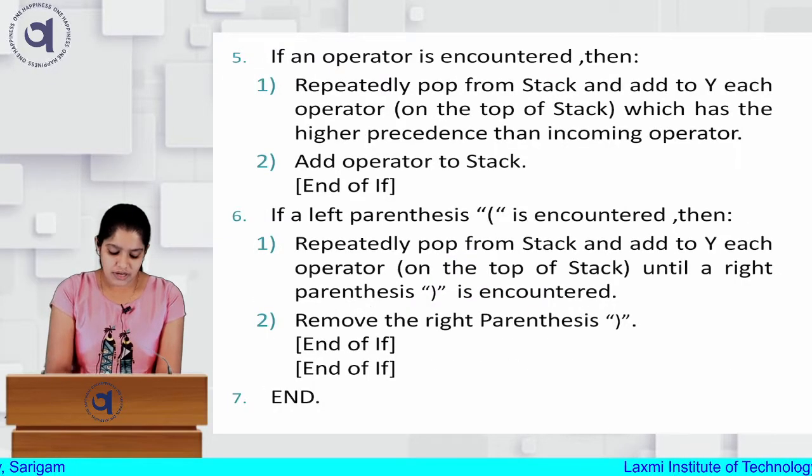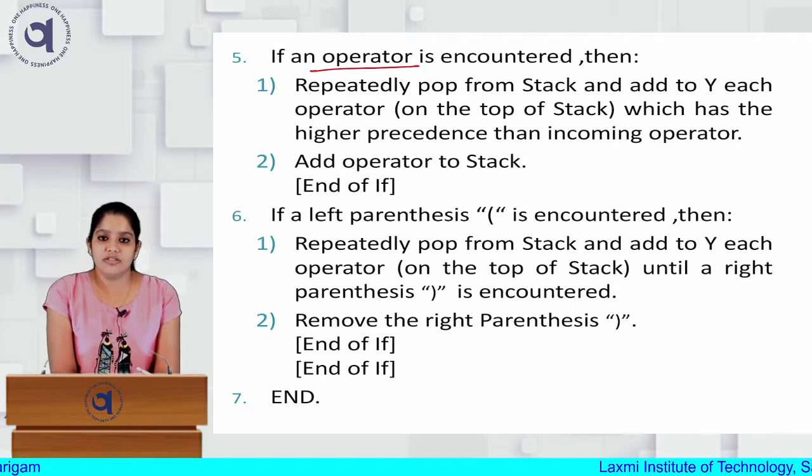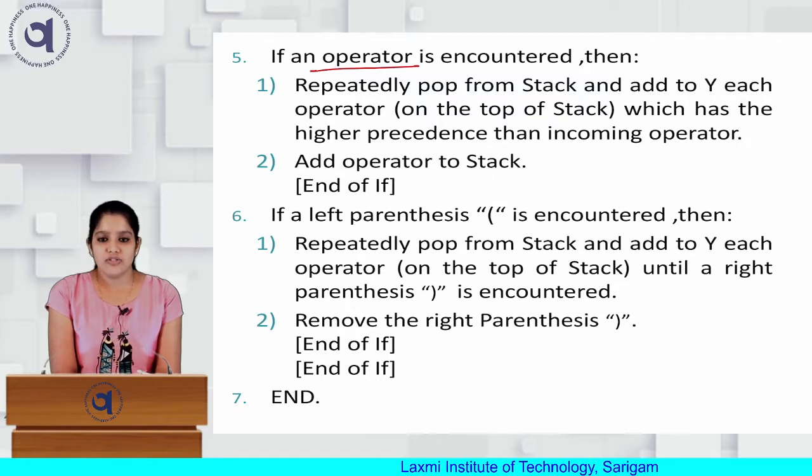Then the next point: what if there is an operator, right. If there is an operator, then we need to repeatedly pop from the stack and add, that means push to y, each operator which has higher precedence than the incoming operator, right. So, for example, we already have one operator inside our stack, and the next incoming element is also an operator, right.